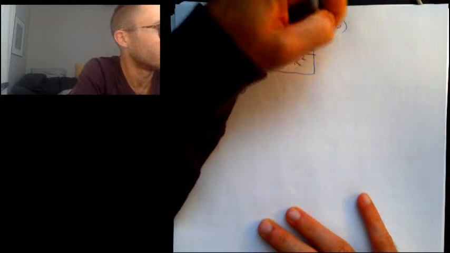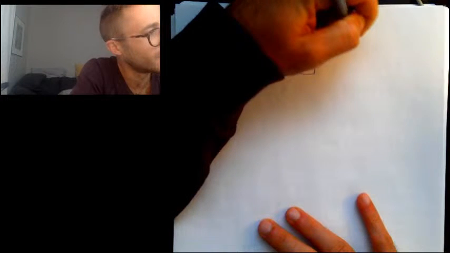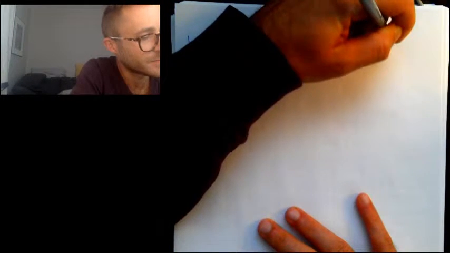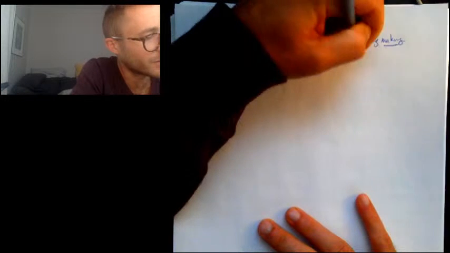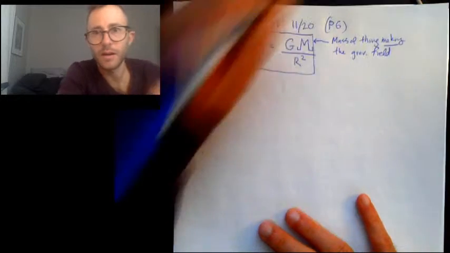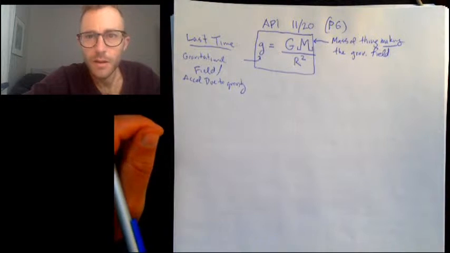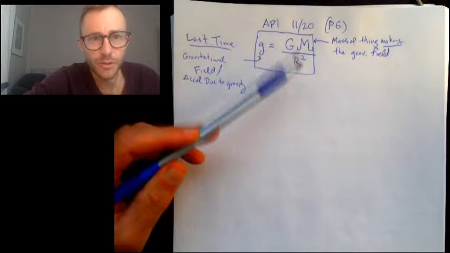Big M is the mass of the thing making the gravitational field. This really depends on perspective.